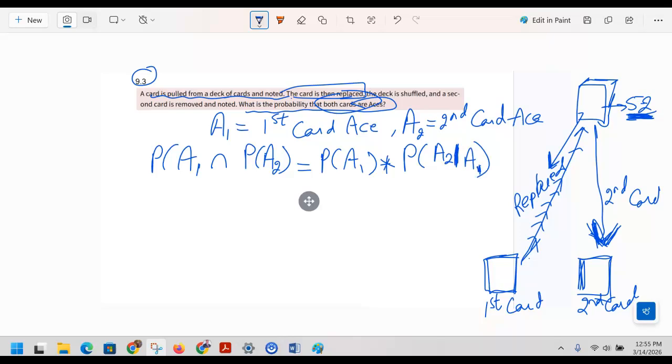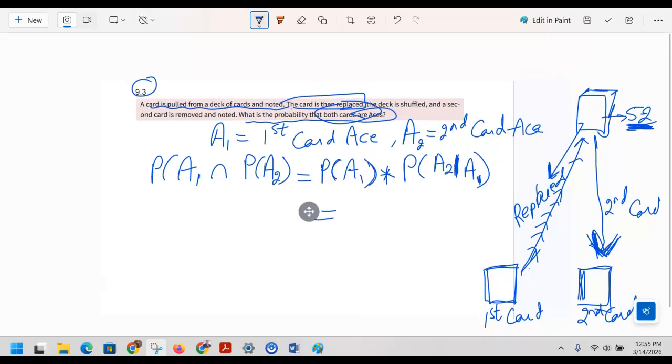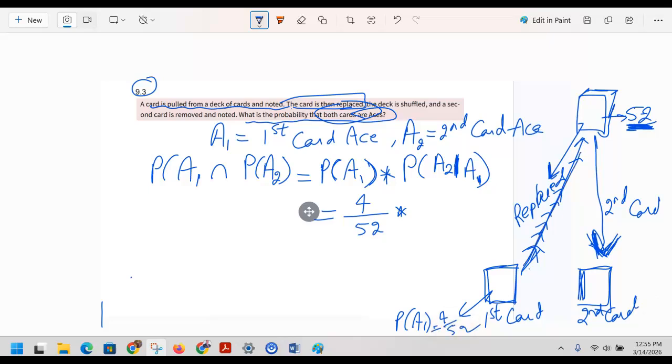So that means the answer here is the probability the first card is ace. Since there are 52 cards, out of 52, you're thinking of ace cards. So there are 4 ace cards, and then multiply by. Now, since you replace, this probability of first card is 4 out of 52, and you replace it back, and then we pull out the second one.